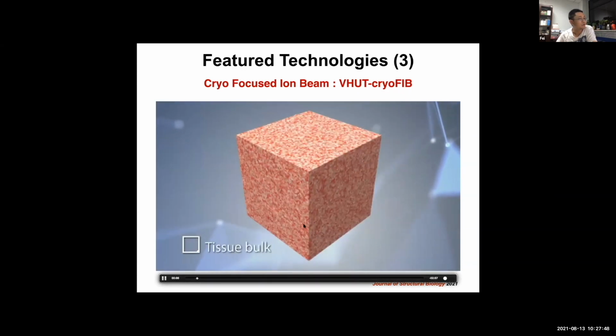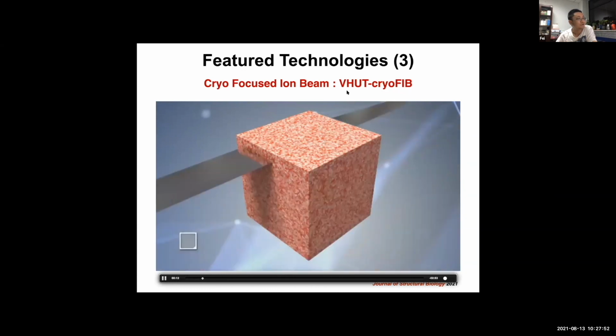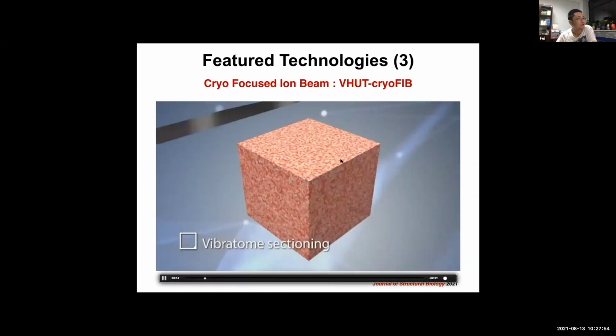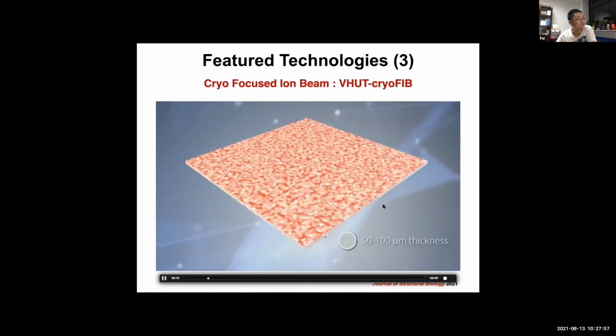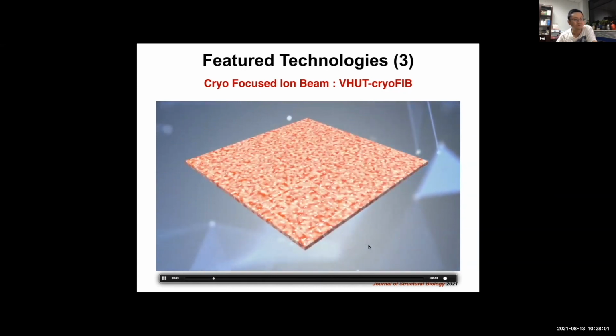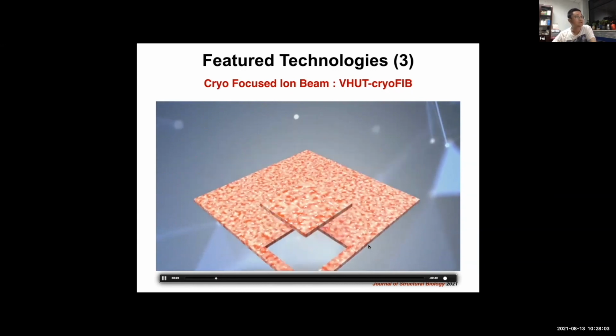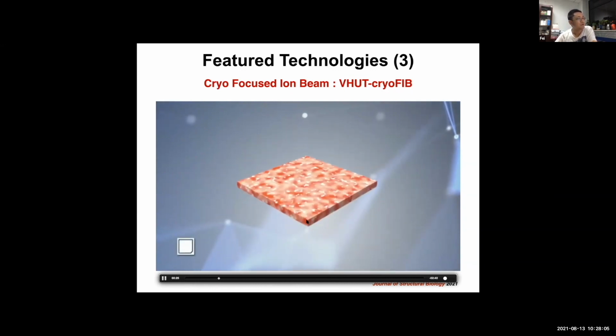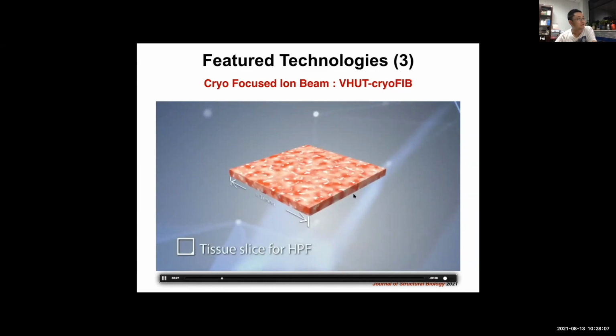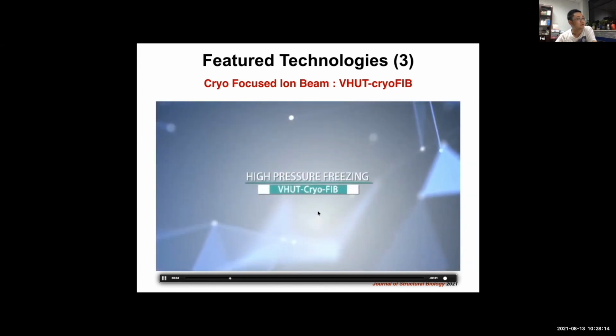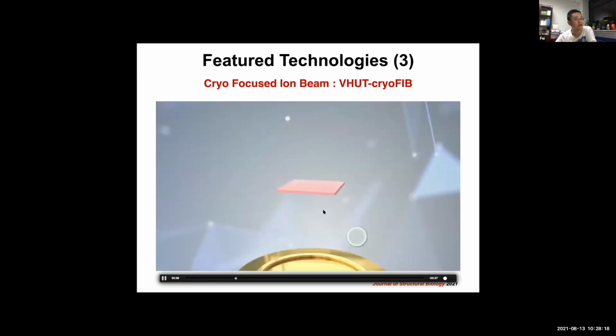So this is a tissue block. We use a vibratome to prepare a semi-thin section of the tissue. Normally the thickness can be cut to 50 to 100 micrometers. Then we put this tissue slice in for high pressure freezing. We designed a special high pressure freezing carrier.